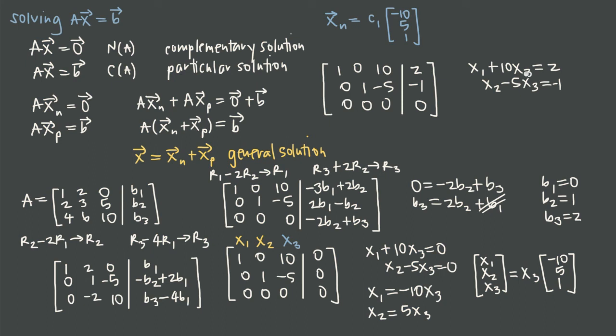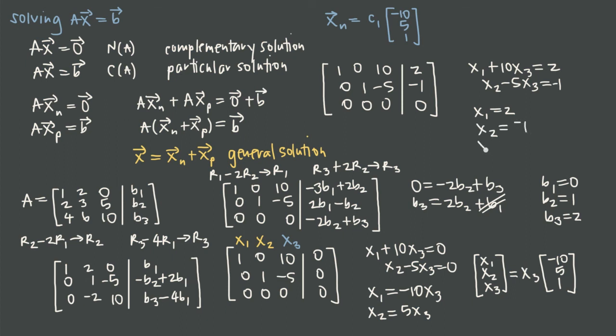If we set x sub 3 equal to 0, since x sub 3 is the free variable, then this first equation is going to give x sub 1 plus 0 equals 2, or just x sub 1 equals 2. And then the second equation will give x sub 2 minus 0 equals -1, or just x sub 2 is equal to -1.